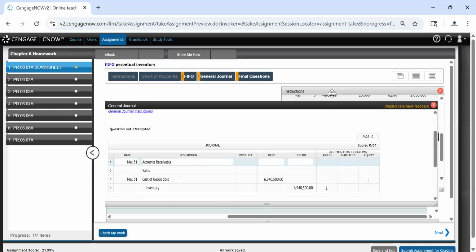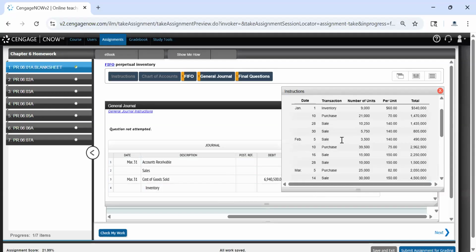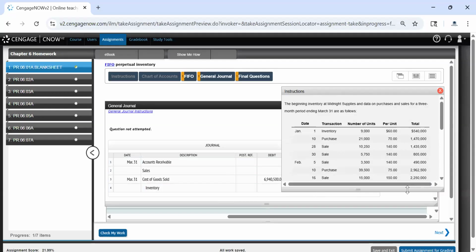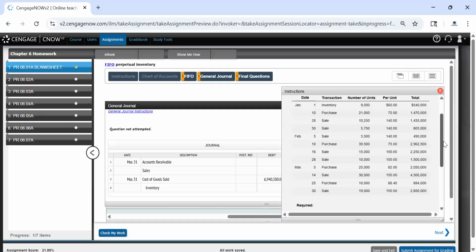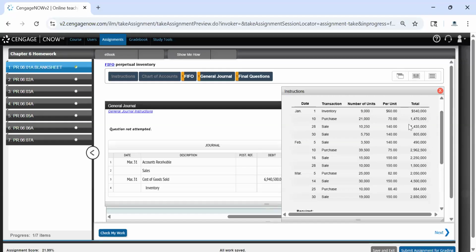Now, for our sales, total sales throughout the period, we are given the amounts in the total section for each of the sales.